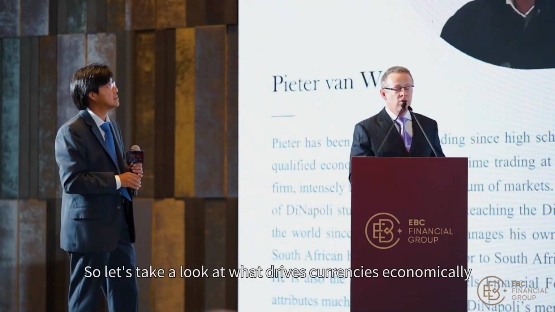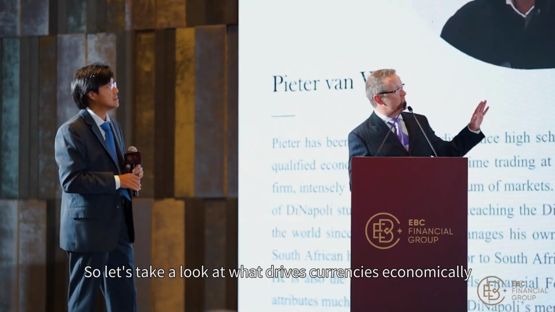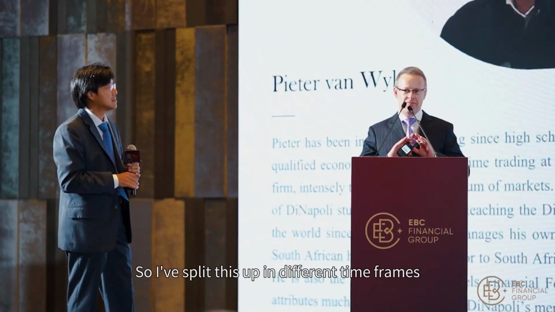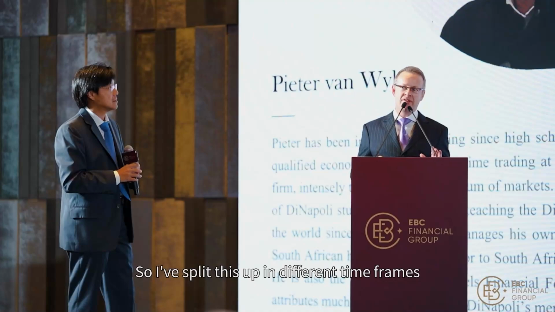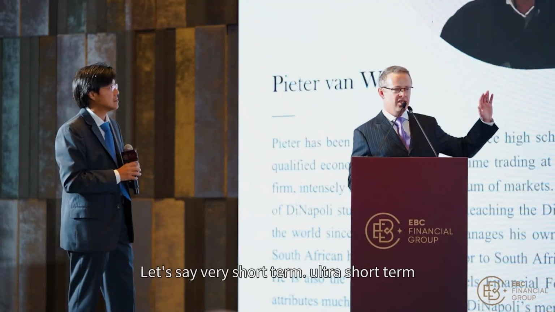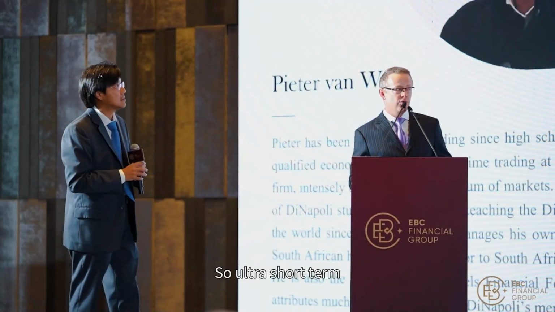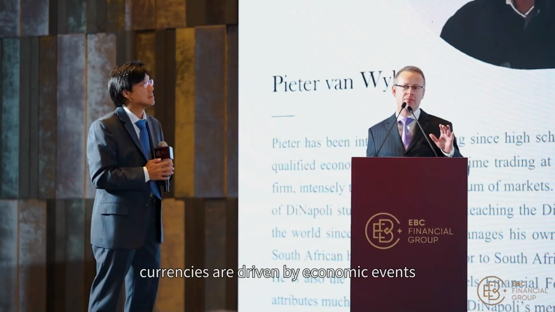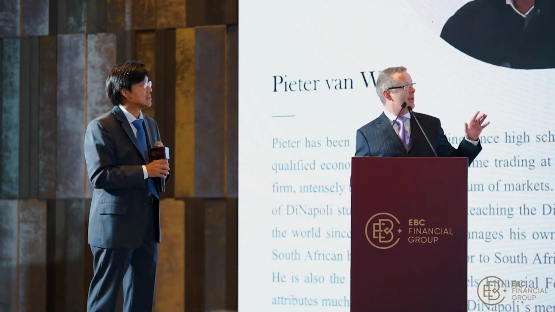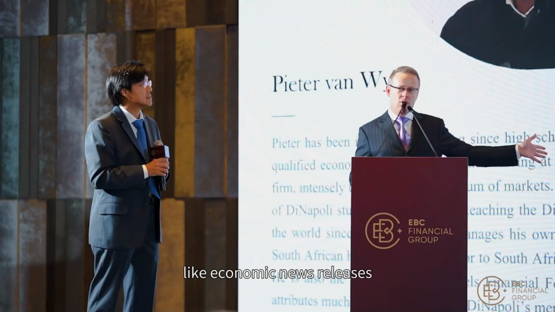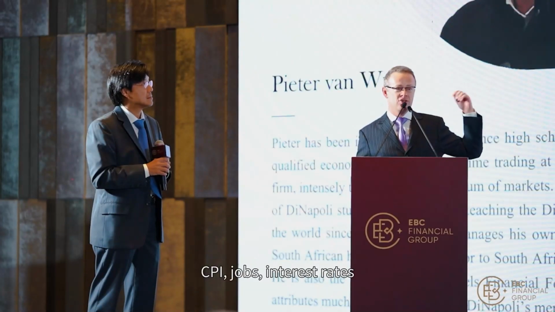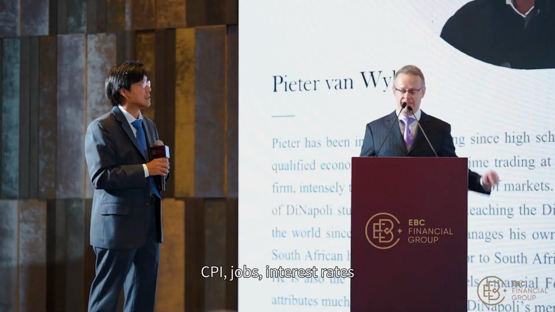Okay, so let's take a look at what drives currencies economically. I've split this up into different time frames. Let's say very short term, ultra short term. So ultra short term, currencies are driven by economic events like economic news releases, CPI, jobs, interest rates, right?